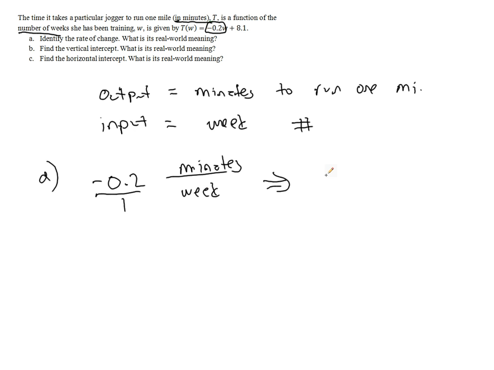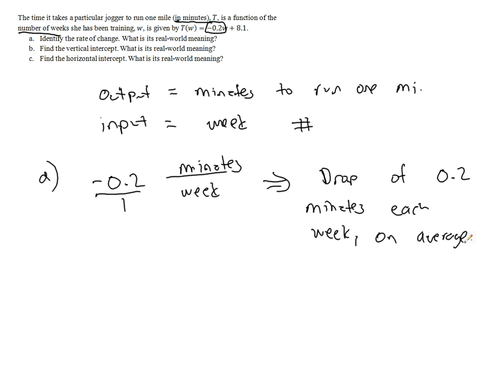Well, there's a drop of 0.2 minutes each week. And we should probably say on average, because we don't know that this runner is actually decreasing the total running time by 0.2 every week, but that's the average rate of change. So here we have negative 0.2 minutes divided by 1 week.